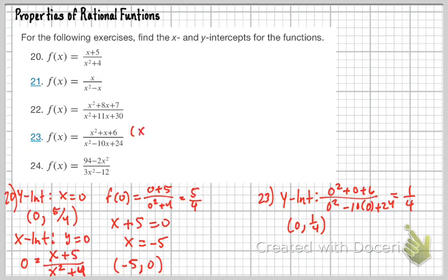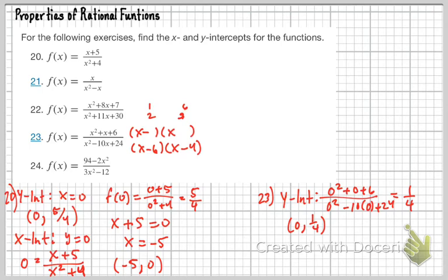The bottom factors really nicely: x minus 6, x minus 4. But the top, if you notice, I can plug in 1 and 6, and these would both be pluses, and that would not give me 1x in the middle when I expanded it. So that's not going to work.